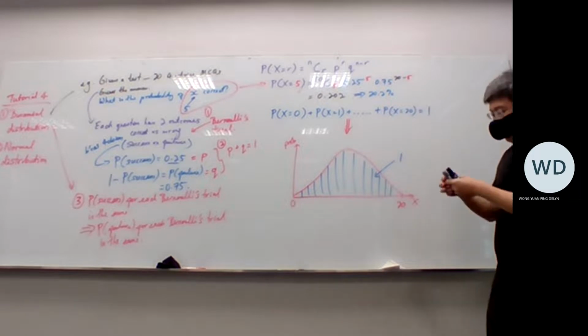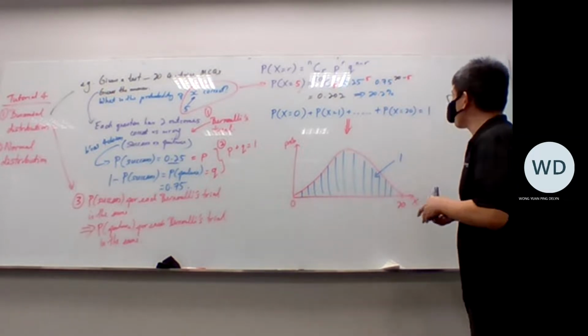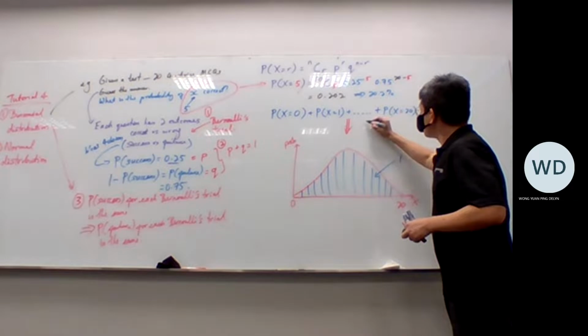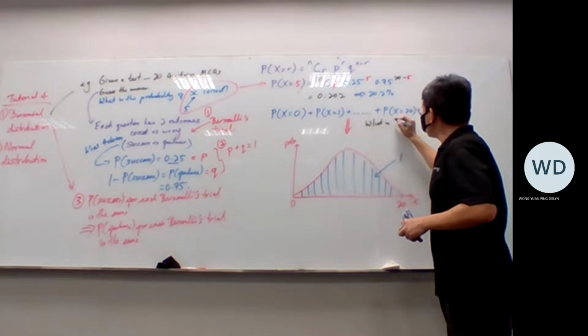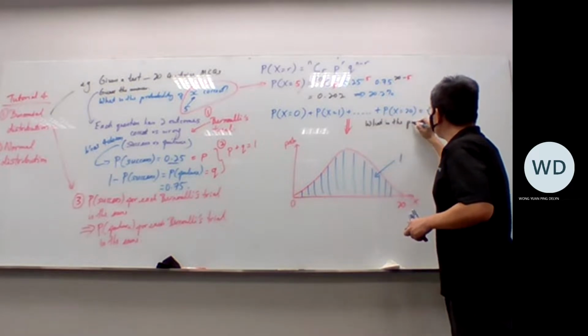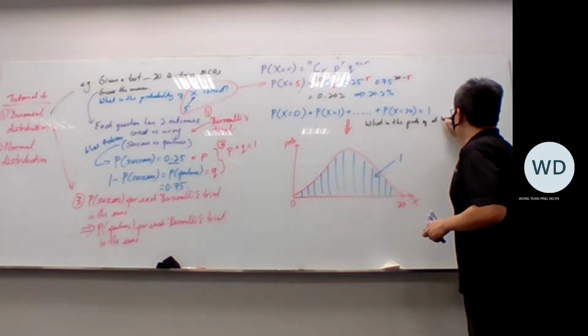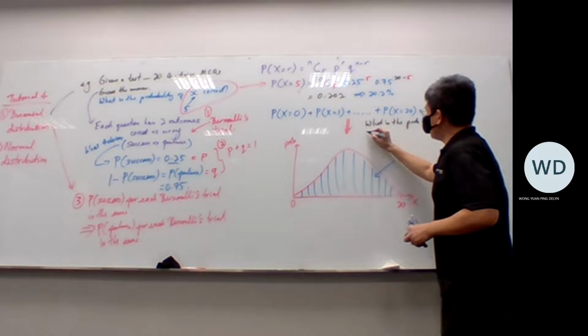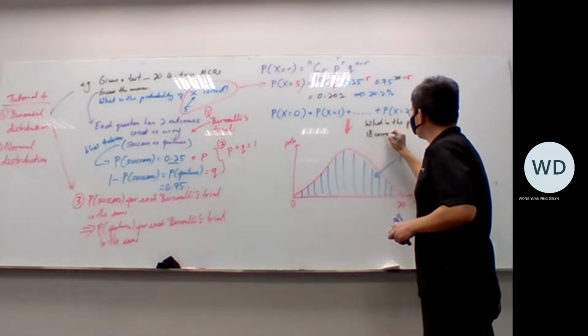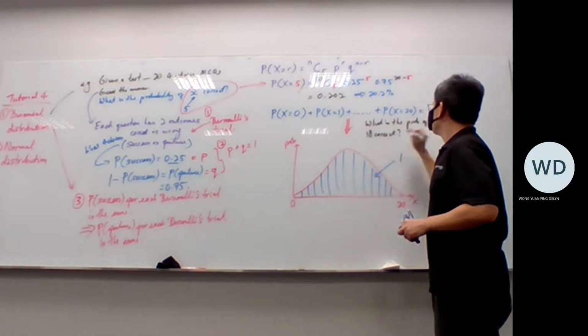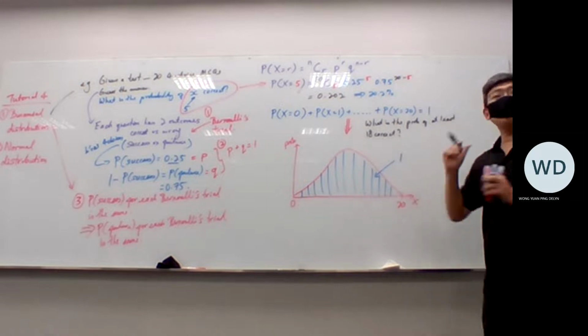So for example, I can ask you a different question. Let's say, what is the probability of at least 18 corrects? At least 18, so 18 is included.